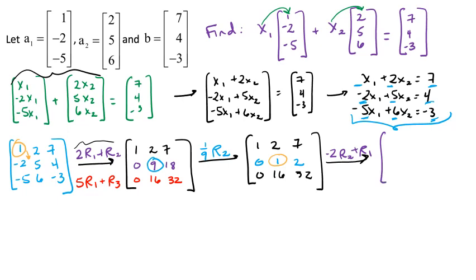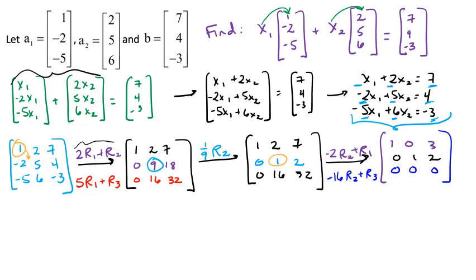And when I do that, I'm going to end up with 1, 0, 3. And then I'm also going to do negative 16 times row 2 and add that to row 3 to get my new row 3, which happens to be 0, 0, 0. Row 2 remains the same, 0, 1, 2.